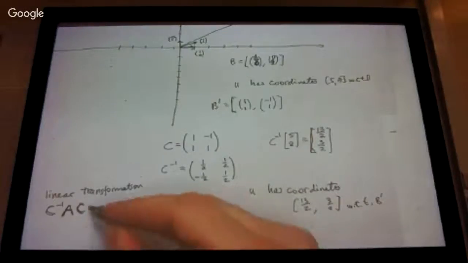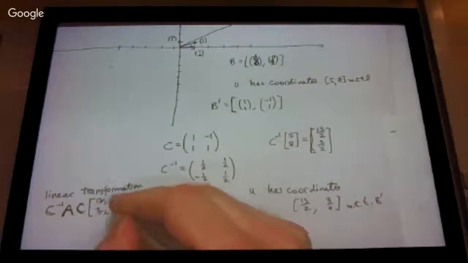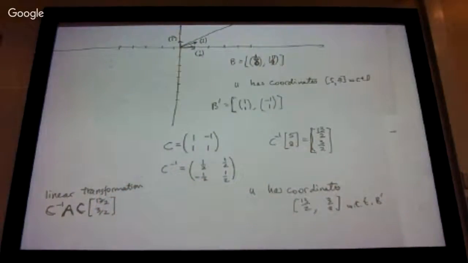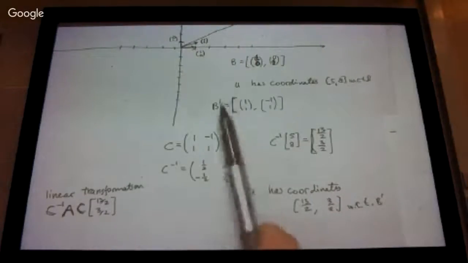So if you times this by the new coordinates, like 13/2, 3/2, okay, C gives you 5, 8 times this, then A does something to 5, 8, and then the C inverse gives you the coordinates of that again.